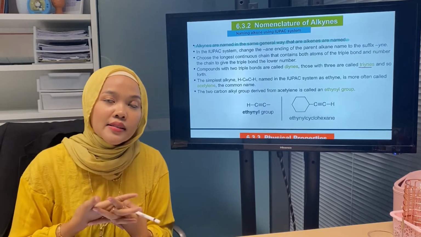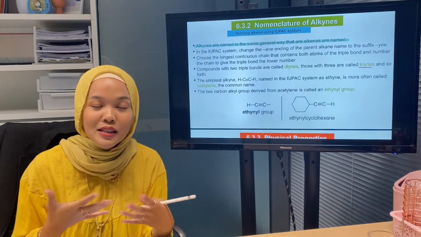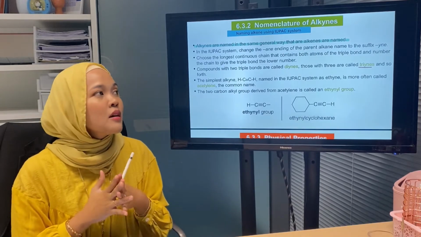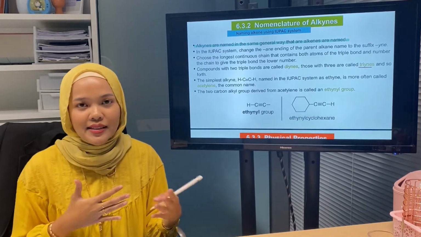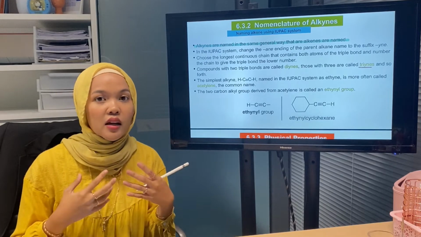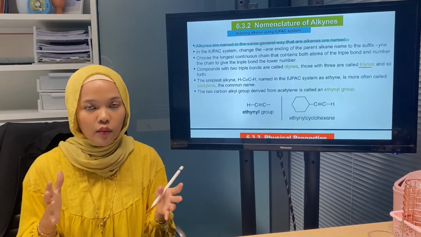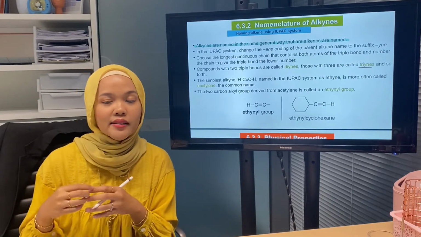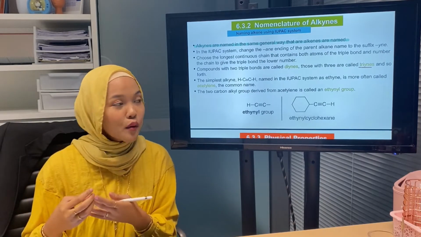The simplest alkyne you can have is ethyne, but usually we will call it acetylene. This is the common name, it's not the IUPAC name. The IUPAC name is ethyne, but the common name is acetylene.